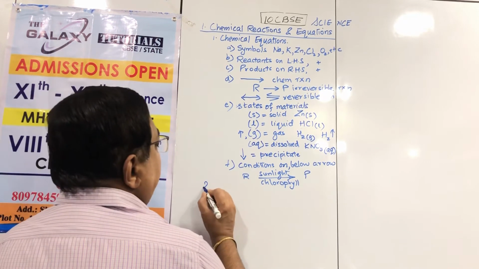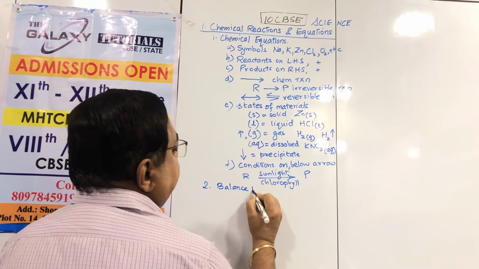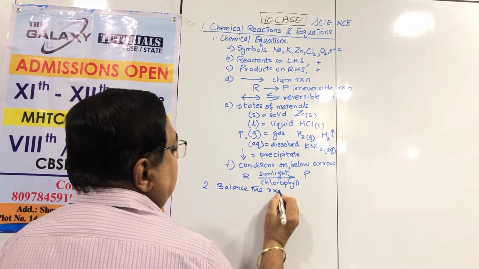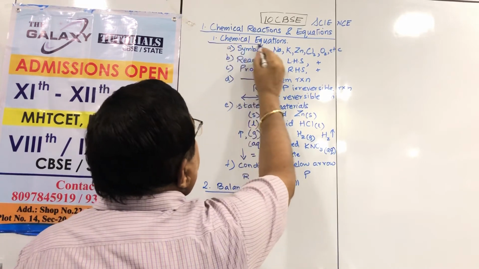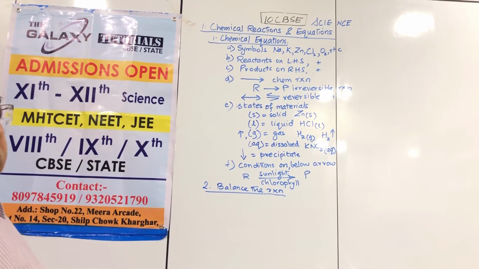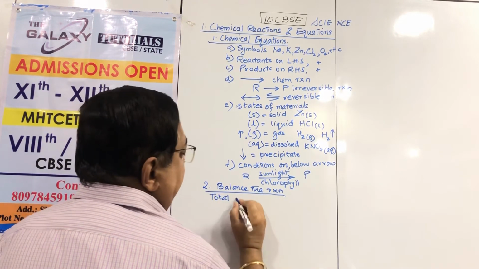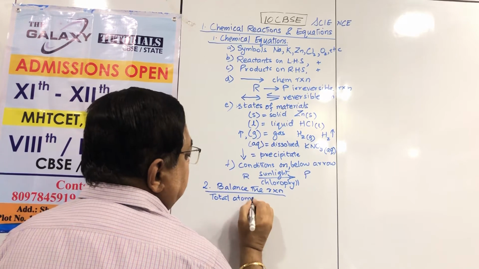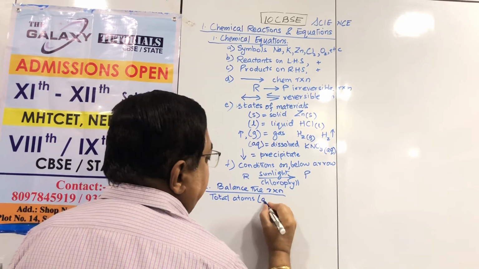Second, we have to balance the reaction. What is the meaning of balance the reaction? Balance of reaction means total atoms, or you may have groups of molecules, which means the same thing as atoms.